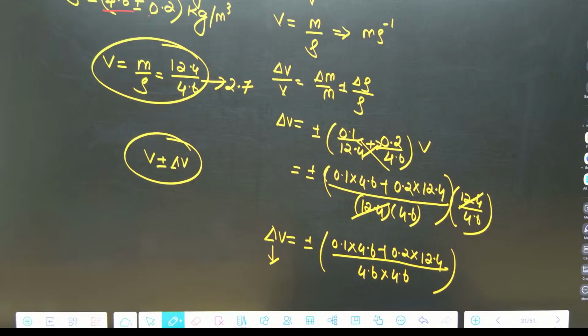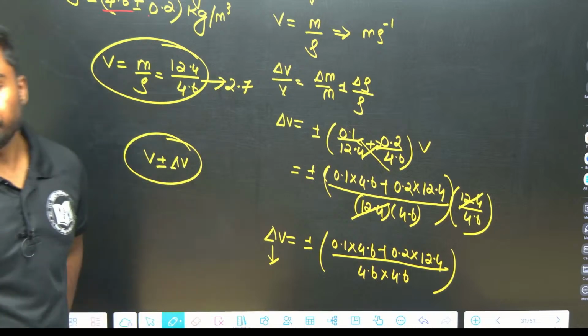Add that now. 2.48 plus, what is the value you are getting? 2.9. Total value, 2.9. Okay. Now 4.6 into 4.6 is 21.16. Okay.